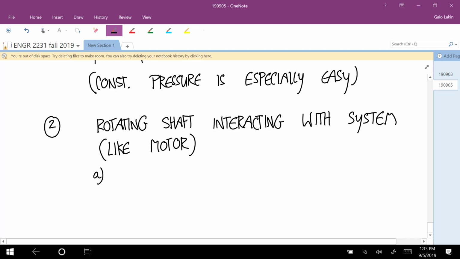So I'm going to break this up into two pieces. This one, you don't want to trust the sign. You just need to think physically about what's going on.